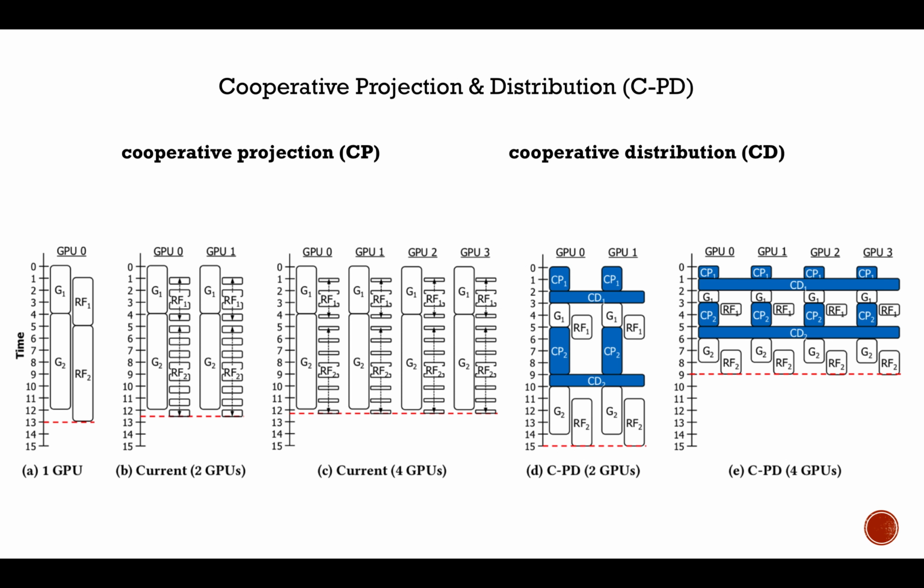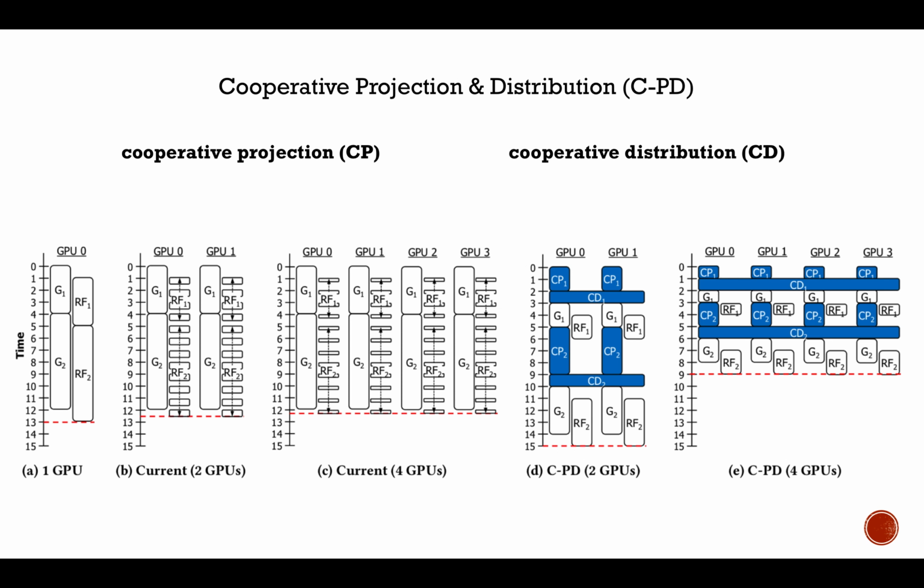CPD consists of two phases: Cooperative Projection, CP, and Cooperative Distribution, CD. Looking at the figures below and comparing the first three of them, we can see that though the number of GPUs increases, the latency is not reduced, as the critical path on geometry processing is not changed.